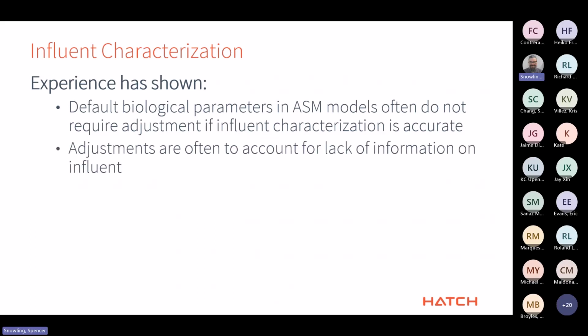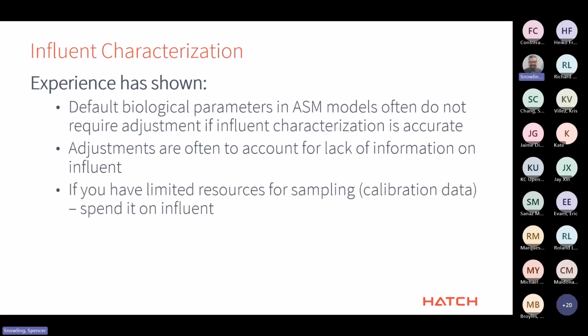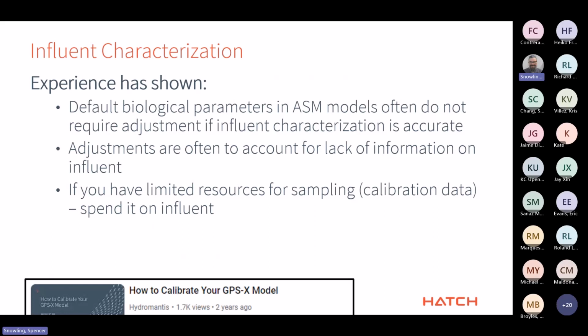If you find that you are making huge changes to your growth rates, then you're probably doing that to counteract something that has not been entered into the influent correctly, or maybe not entered incorrectly, but there's a lack of information about that influent. Maybe you're ramping up the growth rate because actually there's less food in the influent than there was in reality. So what I always suggest is, if you have a little bit of resources to spend on getting good data, spend it on getting a good characterization of your influent. That will help a lot.